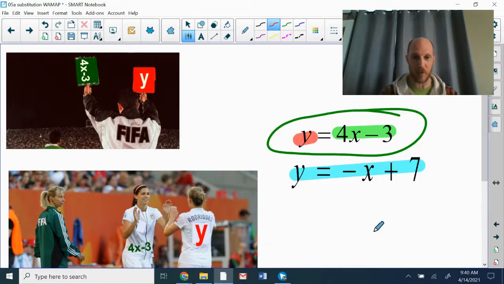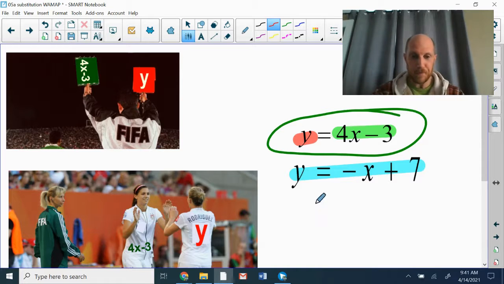We got a forward coming off. I'm going to put another forward in. And obviously in real life, that's not always true. Sometimes you get to put a player in a different position, change formations or tactics or whatever, but we'll just simplify this. So I'm going to take a forward off. I'm going to put someone back into the same position. So if y is coming off and 4x minus 3 is going on, they do the same job. They have the same position. They are the same. I'm going to take one off. I'm going to put the other one on.